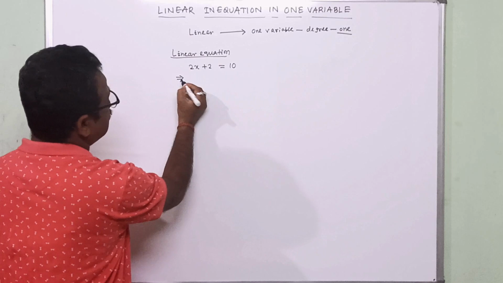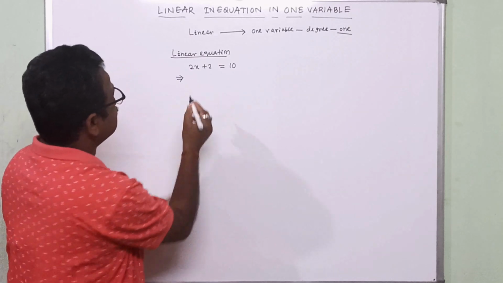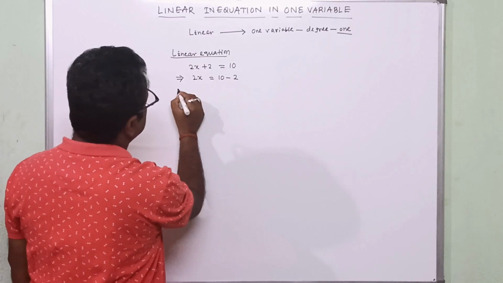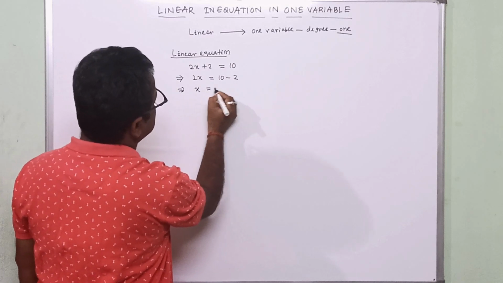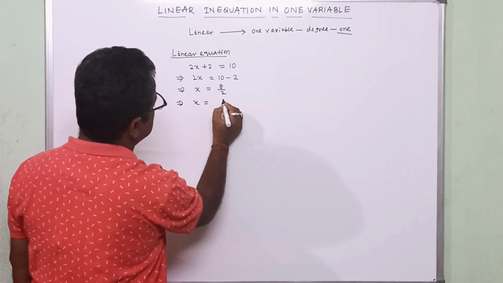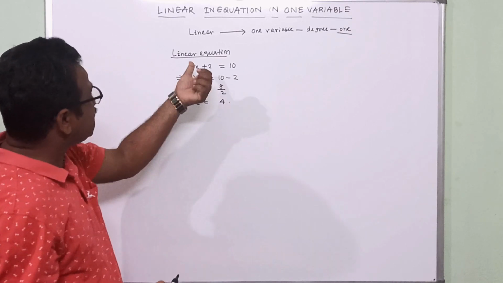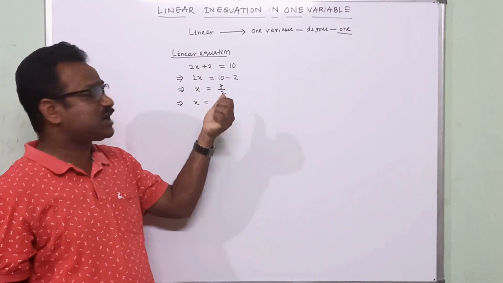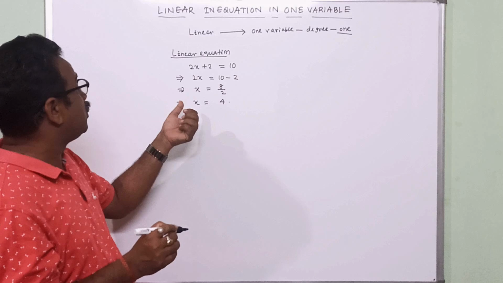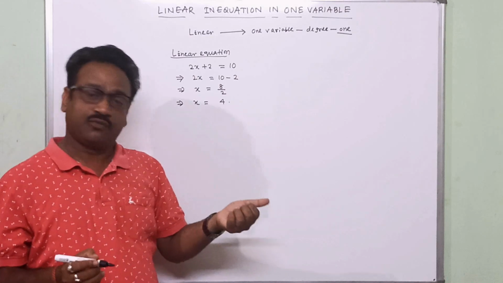That implies 2x is equal to 10 minus 2. That implies x is equal to 8 by 2. That implies x is equal to 4. So this linear equation 2x plus 2 is equal to 10 is true for only the value x is equal to 4.